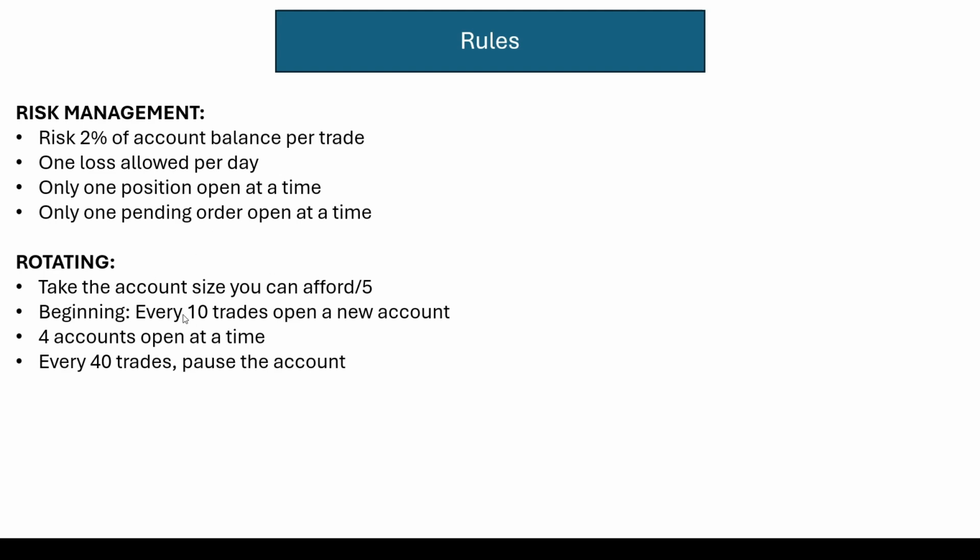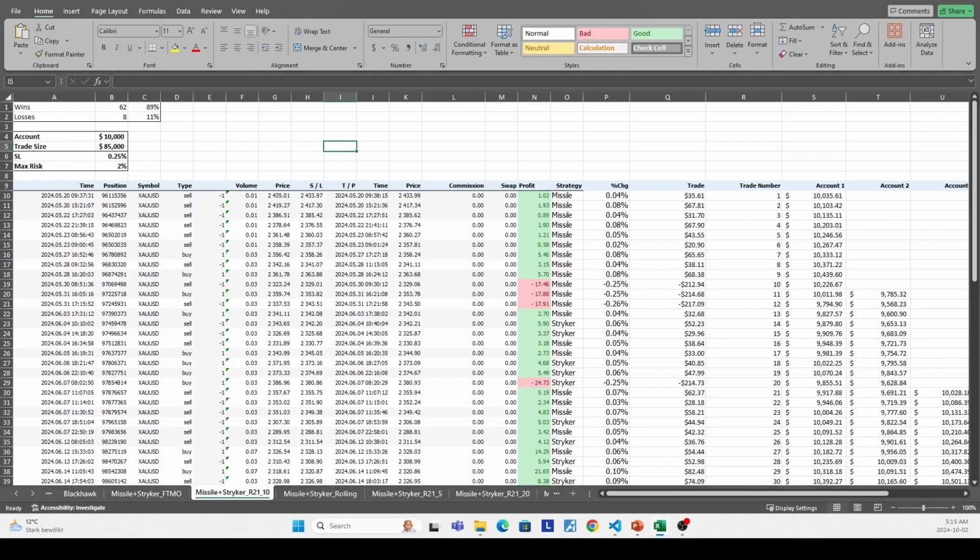So these are the rules which I was using, and I did pass prop firms with. But once again, keep in mind, this works well with high win rate systems, low risk reward systems. Apologies. So let me show how this actually would look.